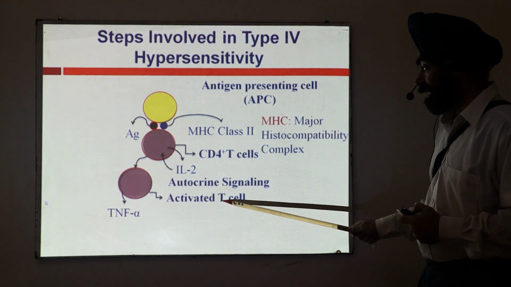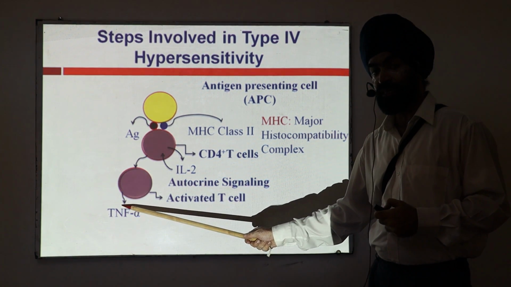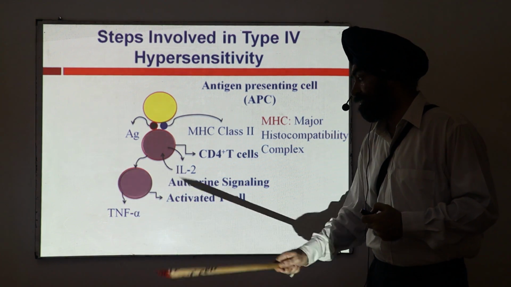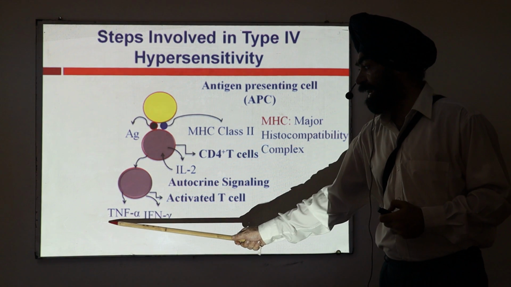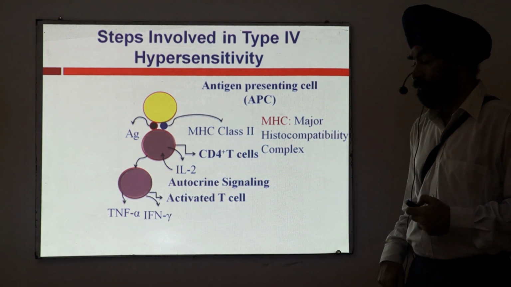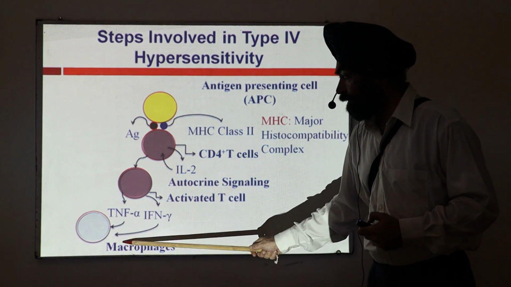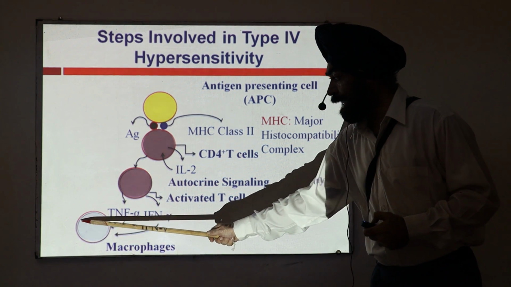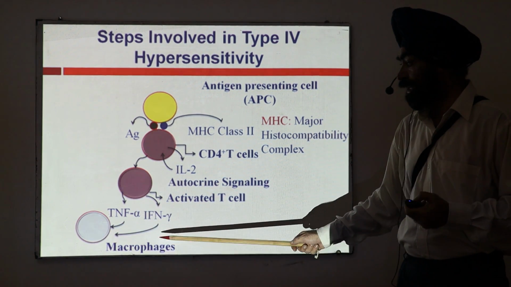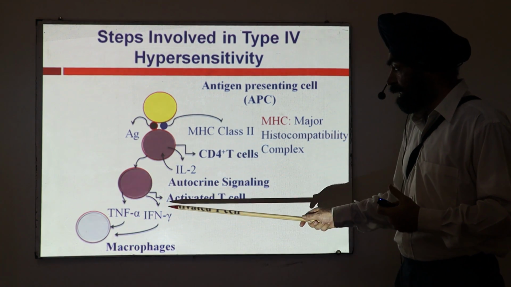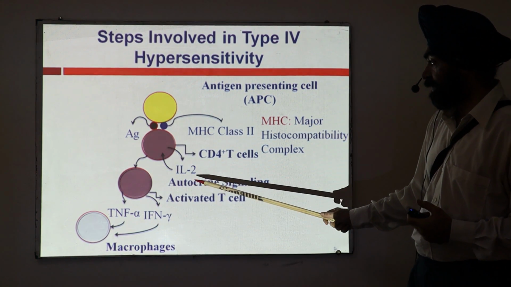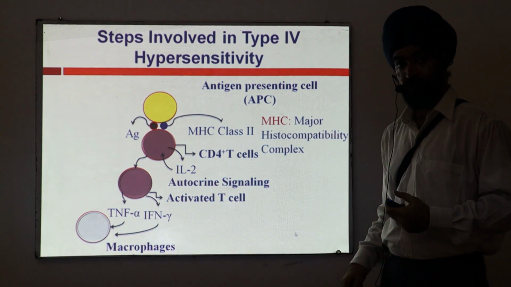So now once these cells are activated, they themselves release certain cytokines called TNF alpha and moreover interferon gamma. TNF alpha and interferon gamma act to activate and recruit macrophages. So you have to remember that there is a positive interaction between these T cells and macrophages.